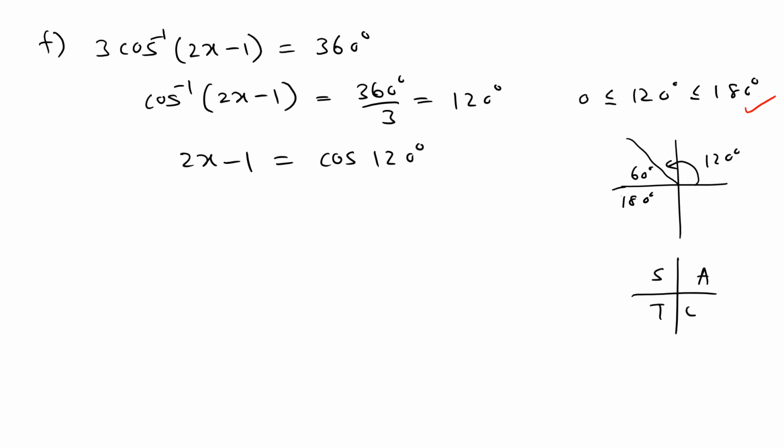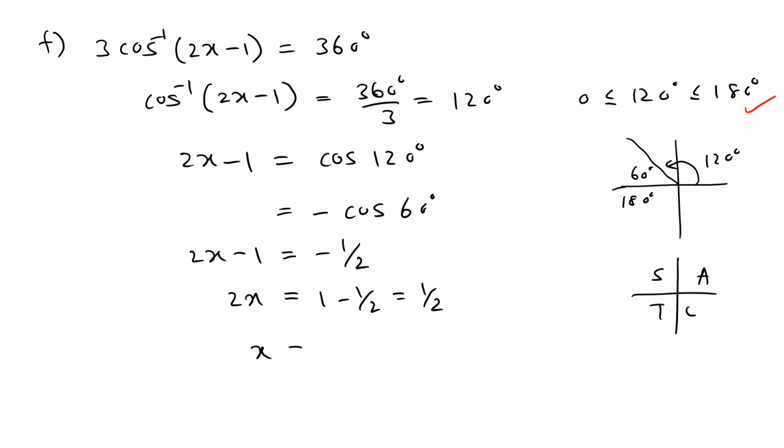That means you can write this as negative cosine of the reference angle, but we know that cosine 60 is 1/2, so you get negative 1/2. Now, we have 2x minus 1, so you add 1, that means 2x equals 1 minus 1/2, that means 1/2. Dividing by 2, you get 1/4 as the solution for this problem. So this is how you solve several inverse trigonometric equations.